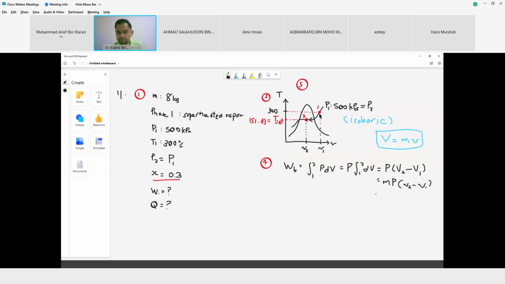So here m is 8 kilogram, 500 kilopascal. Sorry, V2.